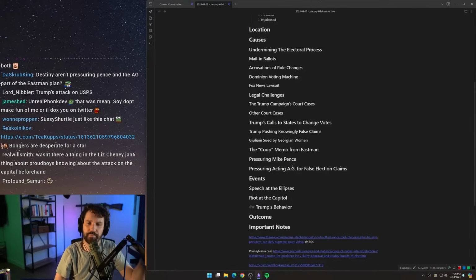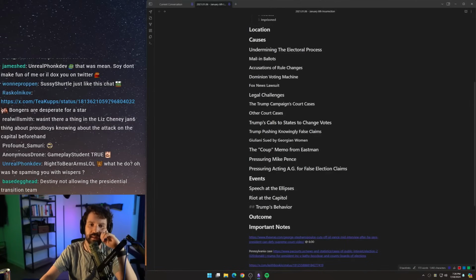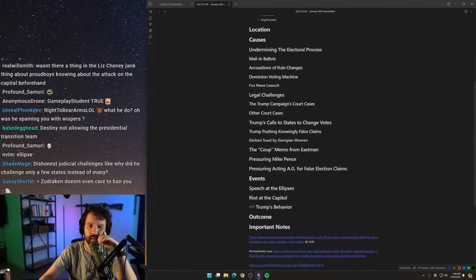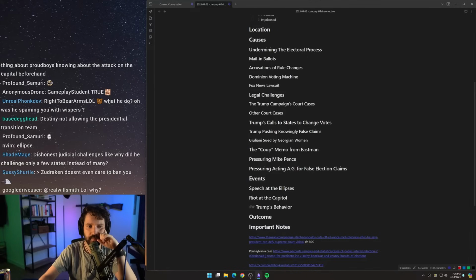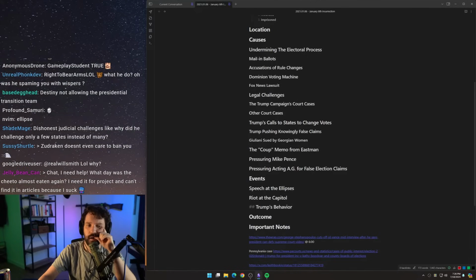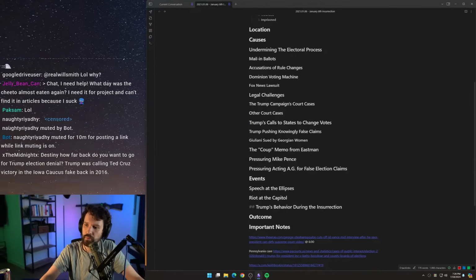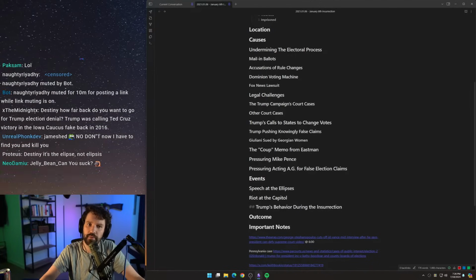Trump's behavior. Aren't pressuring Pence and the AG part of the Eastman plan? No, the AG thing was a totally separate thing, not part of the Eastman plan. That was just Trump being corrupt. Trump's behavior during the insurrection.